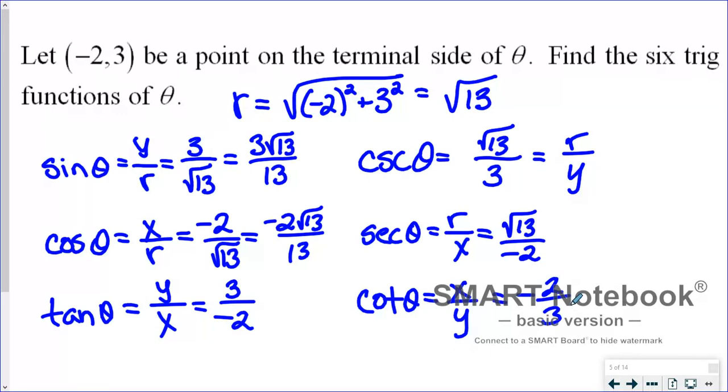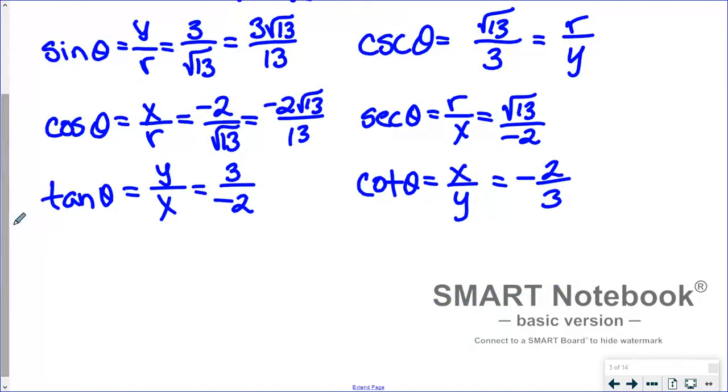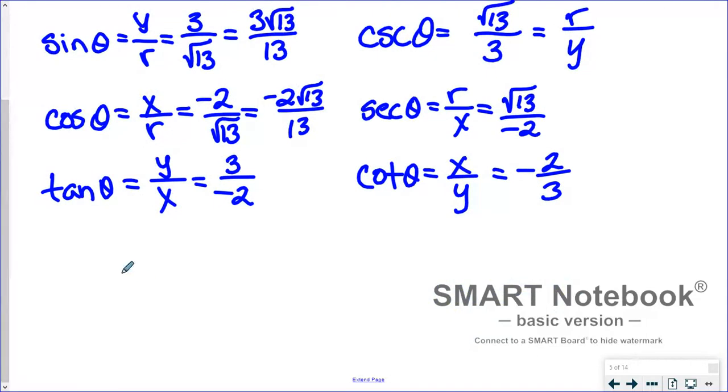But again, I told you that there's another even easier way where you really don't have to memorize anything. So if we have the point -2, 3, it would be up here somewhere.